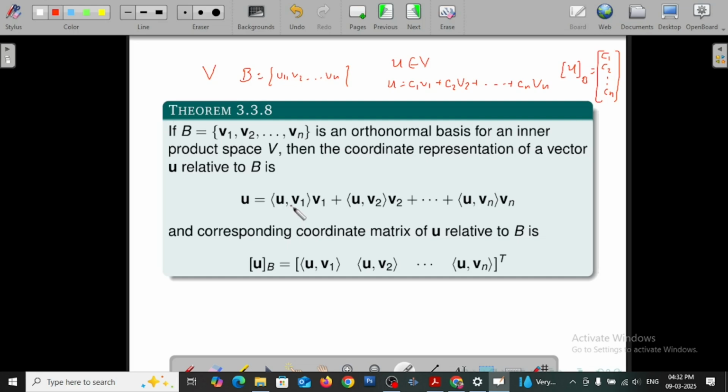Here we can find the coefficients by using the formula C1 is equal to inner product U V1, C2 equal to inner product U V2, etc., Cn equal to inner product U Vn. So in a straightforward way, you can find the coordinate matrix of U relative to the basis B.